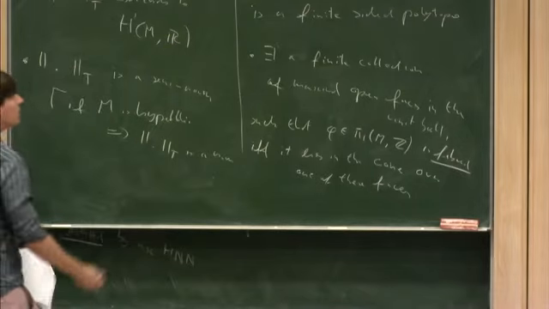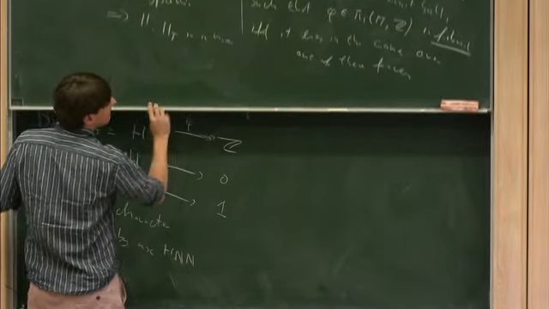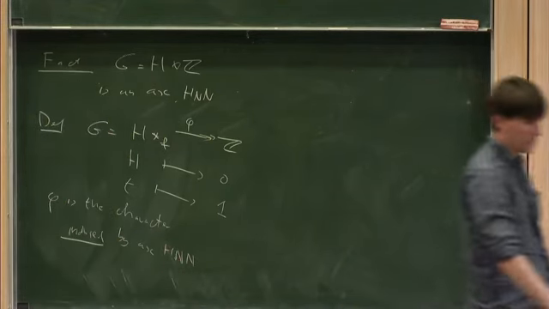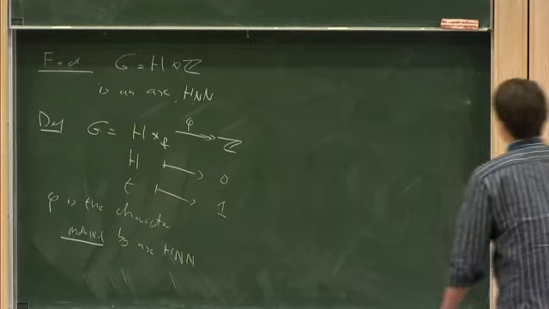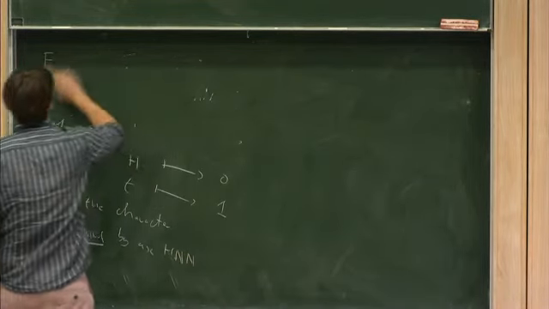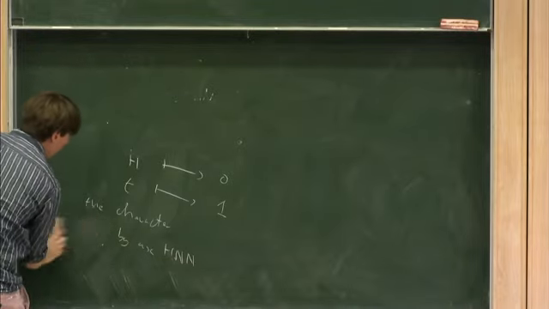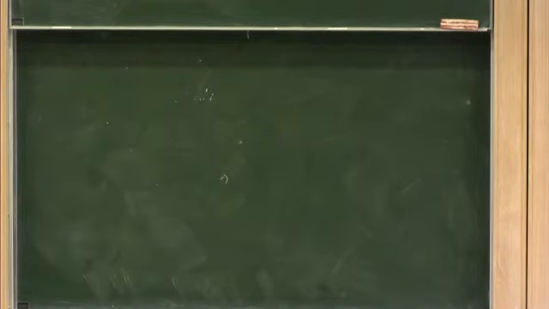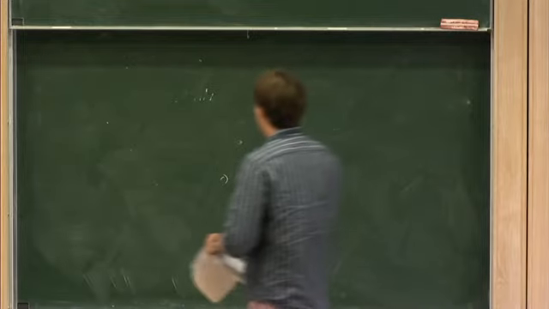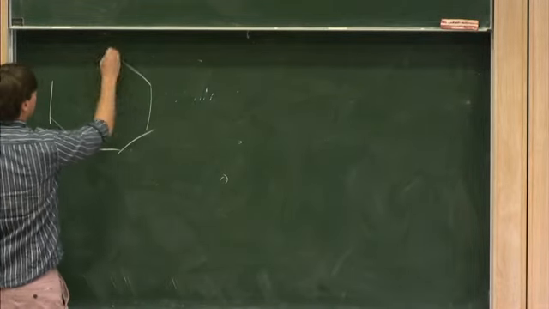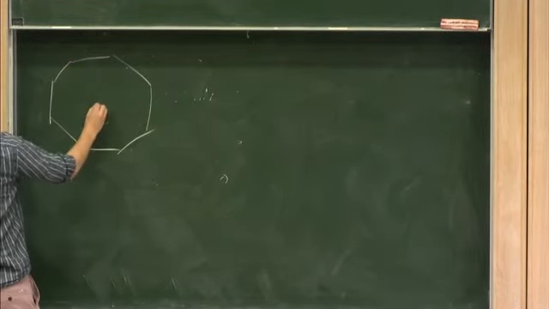All right, so there's a picture for this. The picture is the following. The unit ball is going to be some polytope, maybe like that. This is where the origin lies.